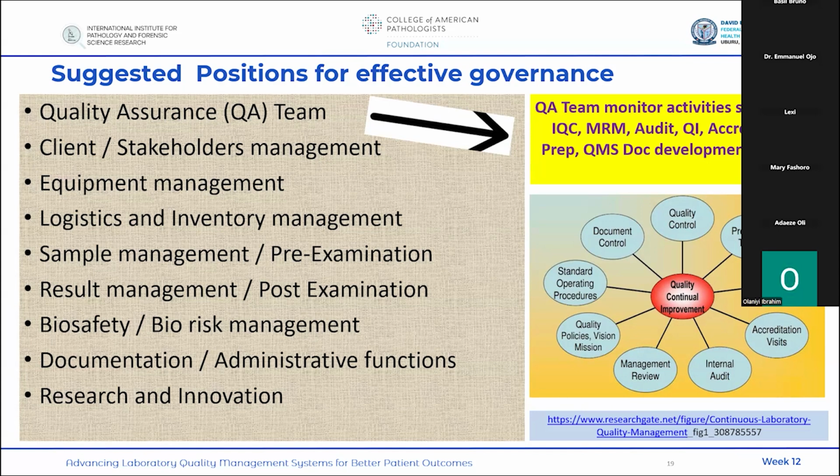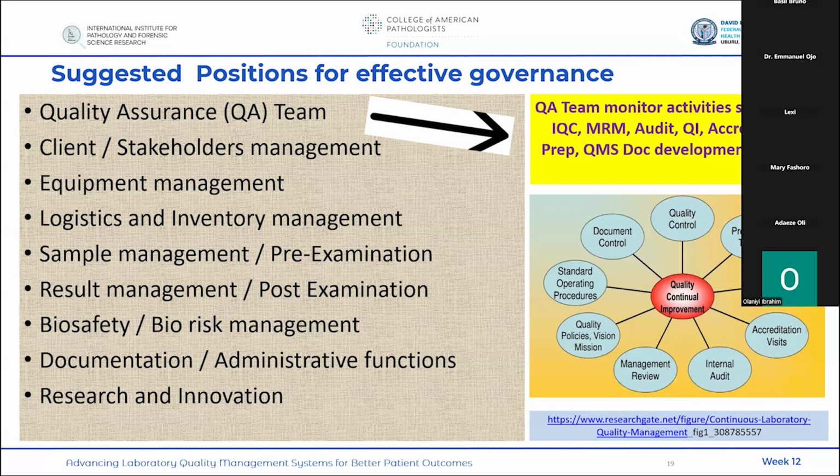We need a team that will oversee the quality assurance program of that lab. And this QA team will monitor activities such as proficiency testing, will review internal quality control and management review meetings, will coordinate internal audits, will supervise how to select, track, and monitor quality indicators.